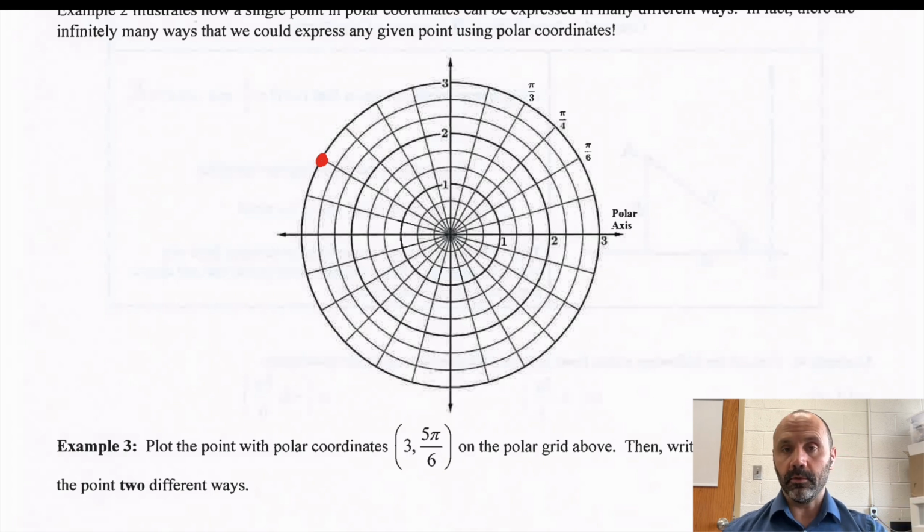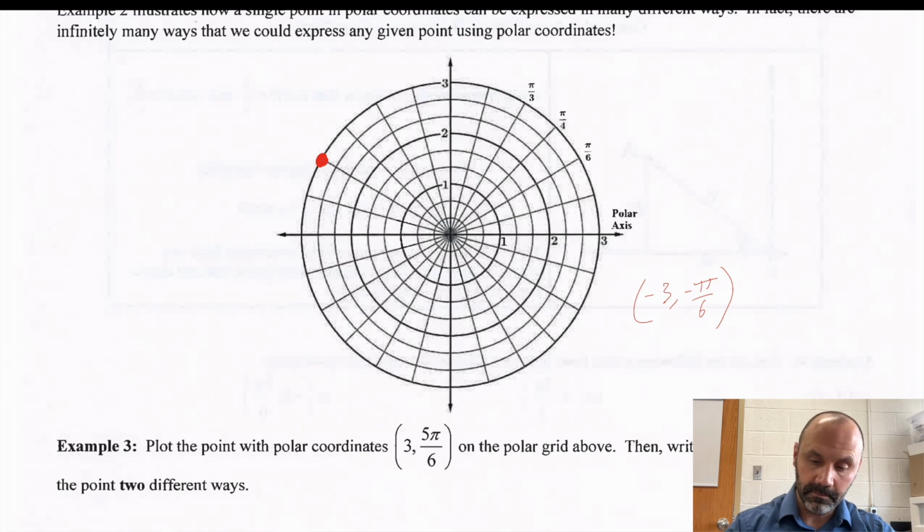And then we're going to write this a couple different ways. One thing we could do, let's get a little creative here. So let's go to negative pi over 6. I'm going to give this angle negative pi over 6, and then negative 3. So 3, to go over to the other side. So this could be negative 3 comma negative pi over 6.